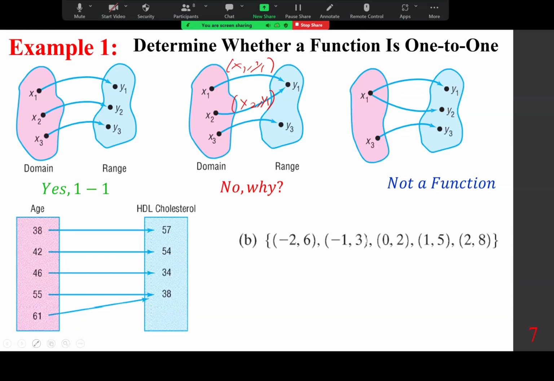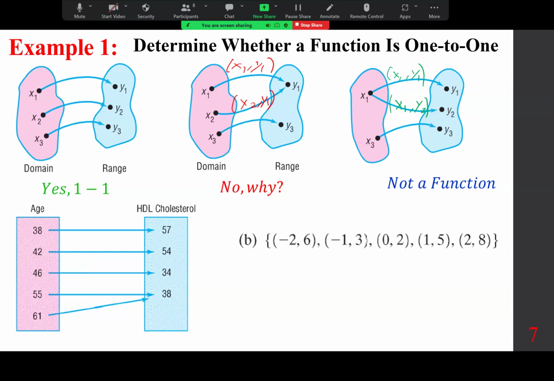Let me just write that. So this means x sub 1, y sub 1. This means x sub 1, y sub 2. It fails to be a function, so the x is being repeated.